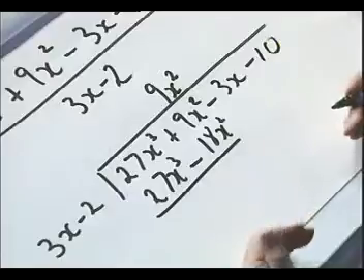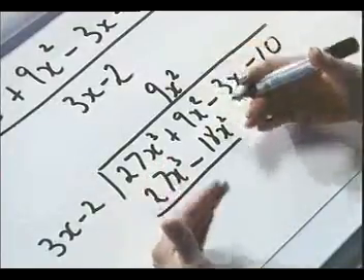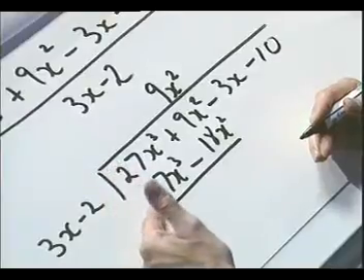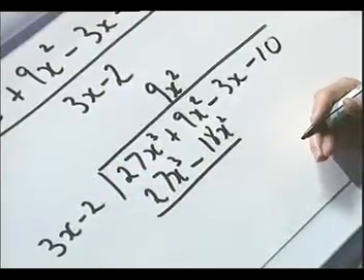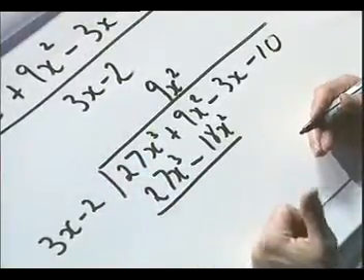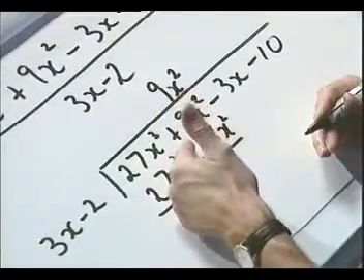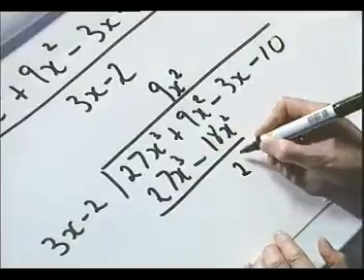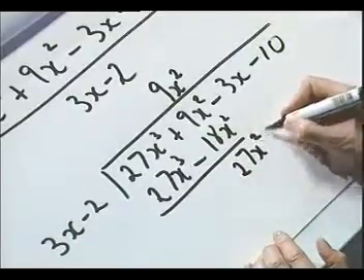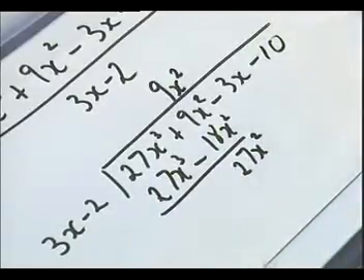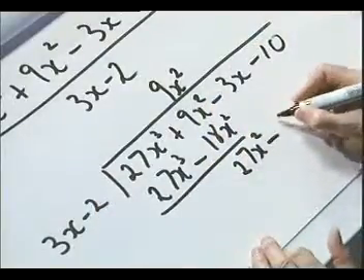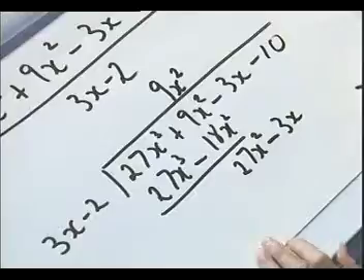And just like we did for long division, we now do the subtraction. 27x cubed take away 27x cubed, none of them, because we arranged for it to be so. 9x squared take away minus 18x squared gives us plus 27x squared. Now we do what we did before. We bring down the next one. So we bring down the minus 3x.